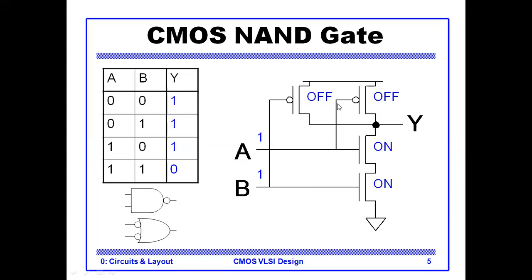At the same time, in the pull-up network, the transistors are in parallel, and both transistors will be off. Because of the pull-down network, both transistors are on, so the ground potential will appear across the Y terminal, that is 0. Okay, so this is 1 1 0.